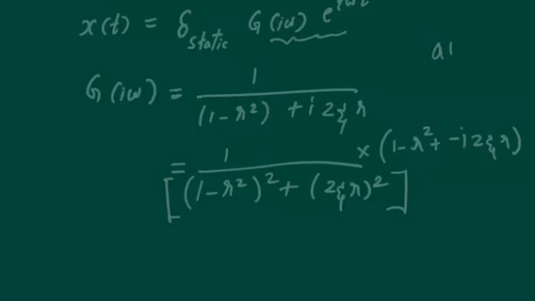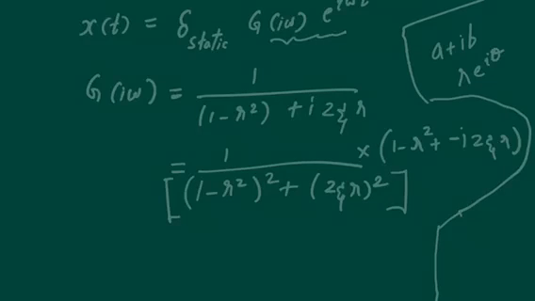So every a plus ib can be represented in the form r e raised i theta. Very useful formulas. So if this is a plus ib, then this can be represented as r e raised i theta, where your r is given by root of a square plus b square.